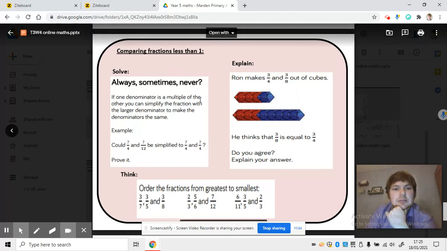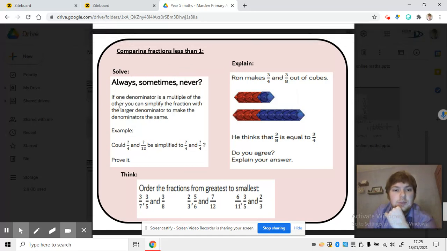If one denominator is a multiple of the other, you can simplify the fraction with the larger denominator to make the denominators the same. Well, that's confusing. But what it means is if you had something quarters and something 12s, it could be simplified to something quarters and something quarters.